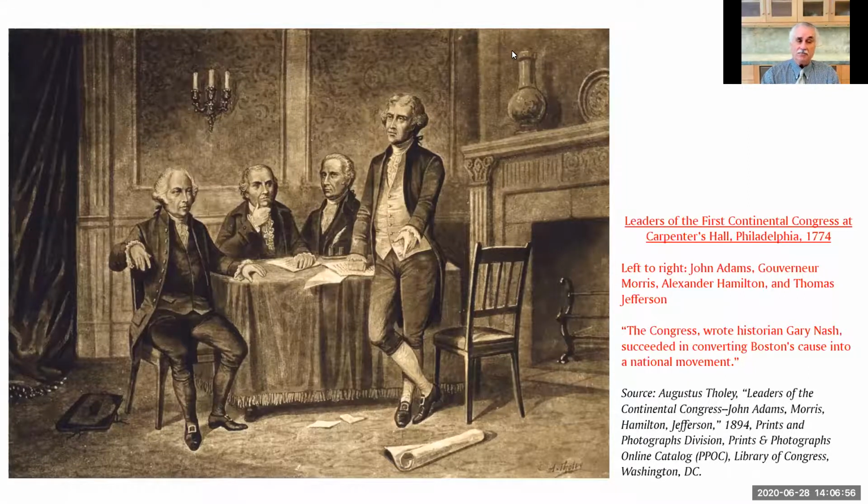Every colony except Georgia sent delegates to the Continental Congress, sometimes called the First Continental Congress, which met in September 1774 in Philadelphia at Carpenter's Hall. You can see here John Adams, who wrote the diary entry, Gouverneur Morris, Alexander Hamilton, and Thomas Jefferson. The Congress, wrote historian Gary Nash, succeeded in converting Boston's cause into a national movement.